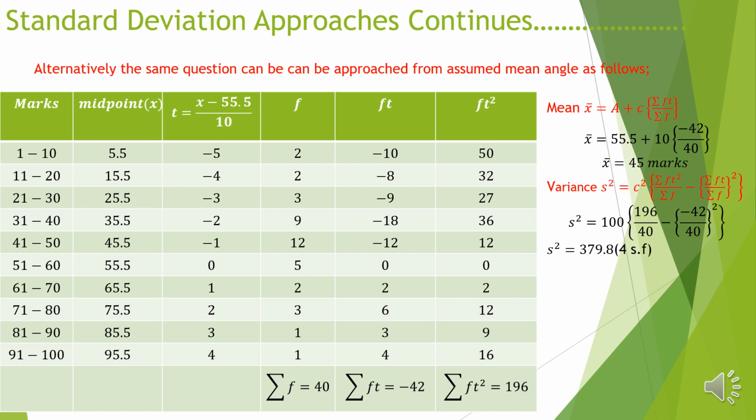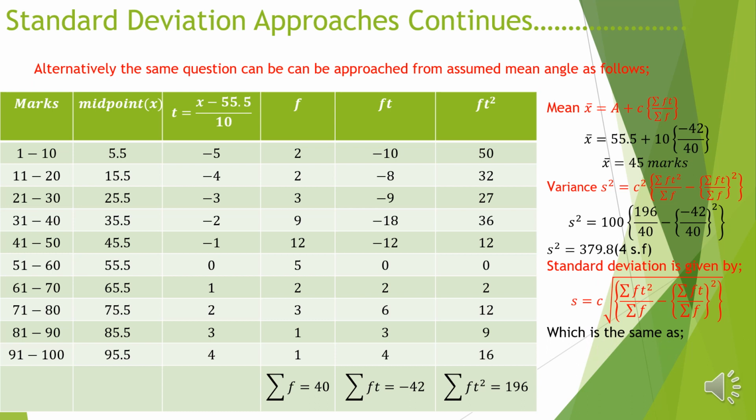Once we have this, then the standard deviation is given by S. Remember, the standard deviation is merely the square root of the variance. If we were to do the square root of this one, the square root of c squared is c, and whatever is in the bracket remains under the square root sign. So the standard deviation will be c times the square root of summation of ft squared over summation of f, minus summation of ft over summation of f, squared.